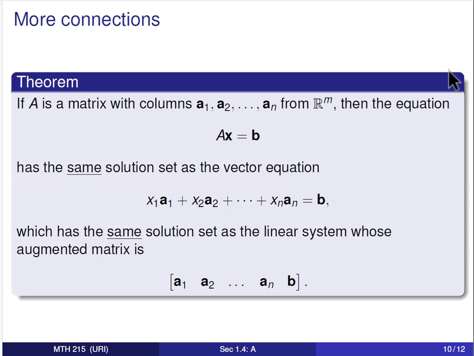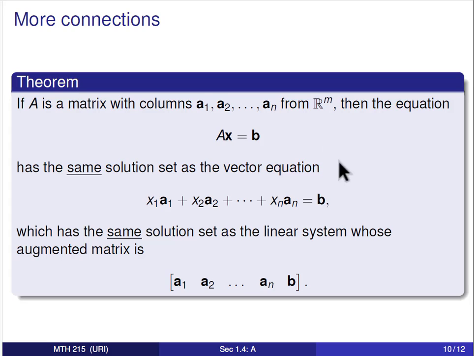The big connection is that if A is a matrix with those columns a1 through an, and those columns each have m entries, from Rm, then the equation Ax equals b has the same solution as the vector equation x1a1 plus x2a2 plus ... plus xnan equals b.